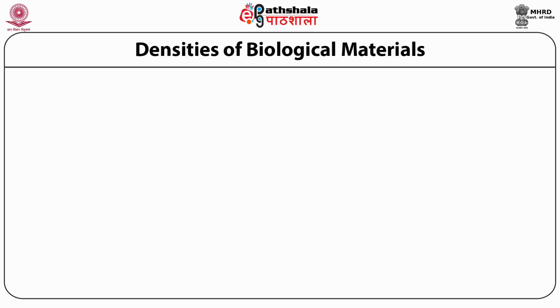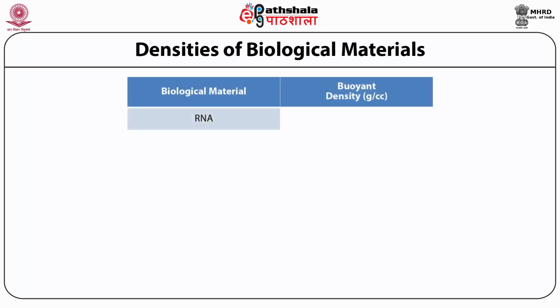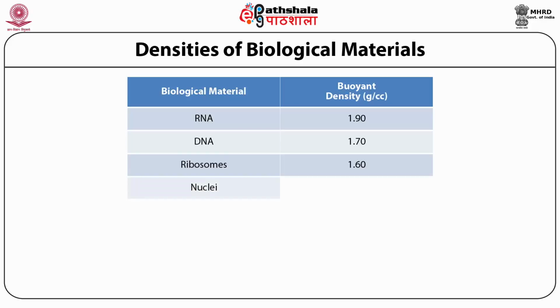So you must have an idea about the densities of the molecules. RNA is the smallest molecule and it has a density of 1.9 gram per cc, DNA has 1.7, ribosome, a little bigger molecule, has 1.6, the nucleus of the cell has 1.32, and the density of chloroplasts ranges from 1.21 to 1.24.